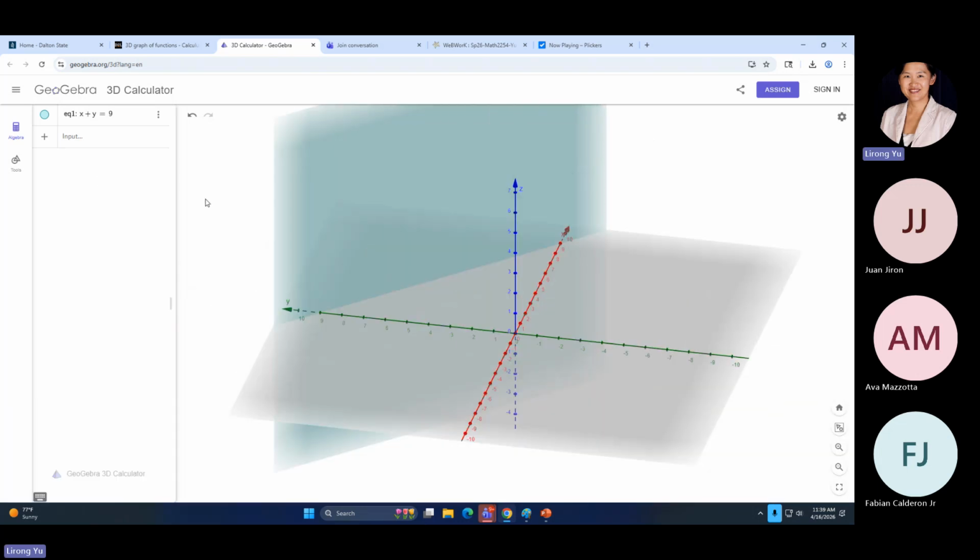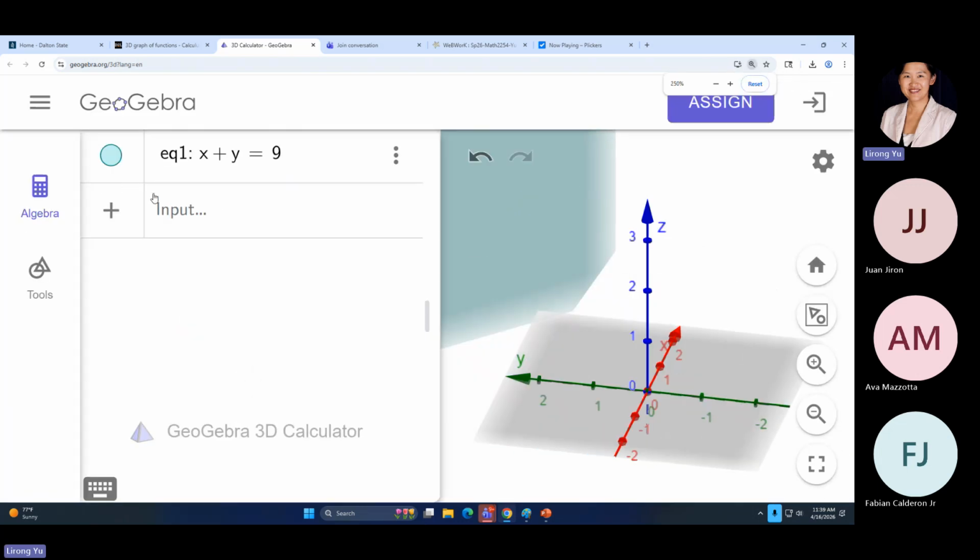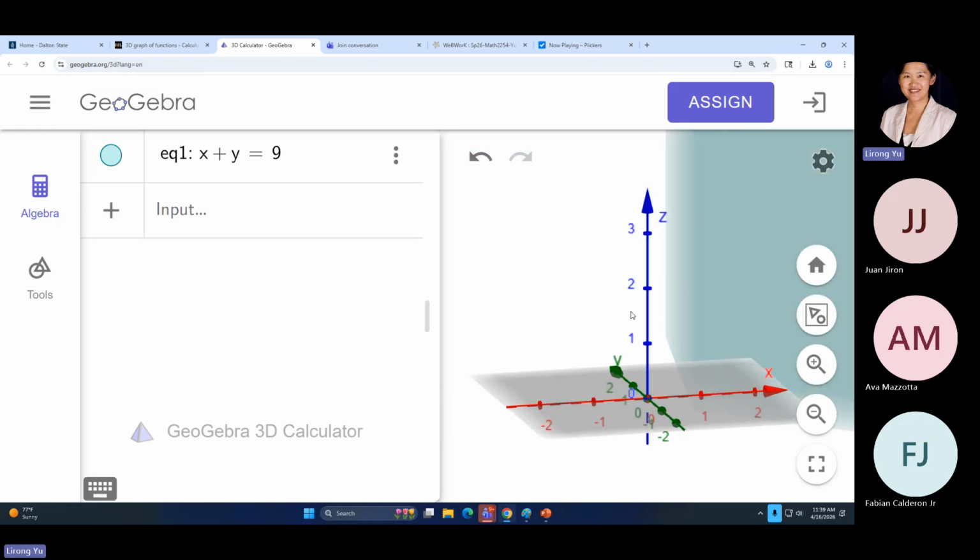I'm writing the equation x plus y equal to 9. So in this equation, there's no z. If you only limit to the 2-dimensional case, you look at the xy plane to project it.